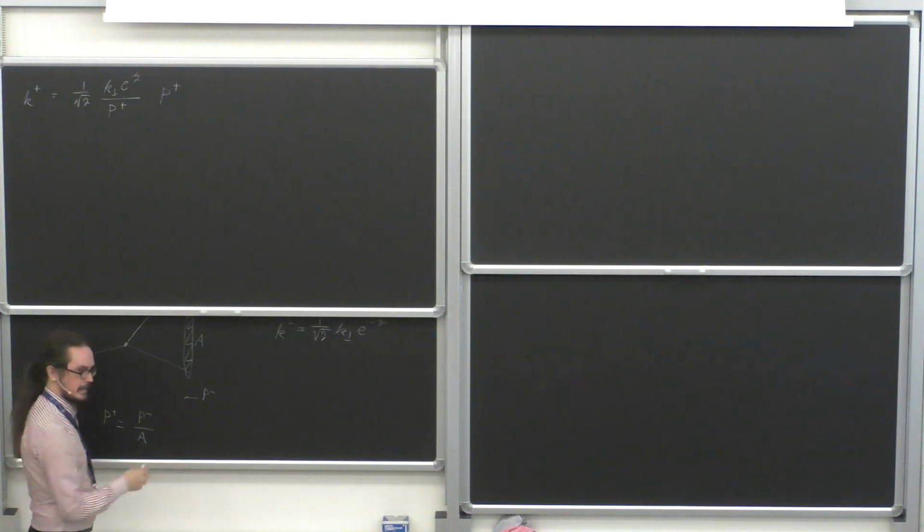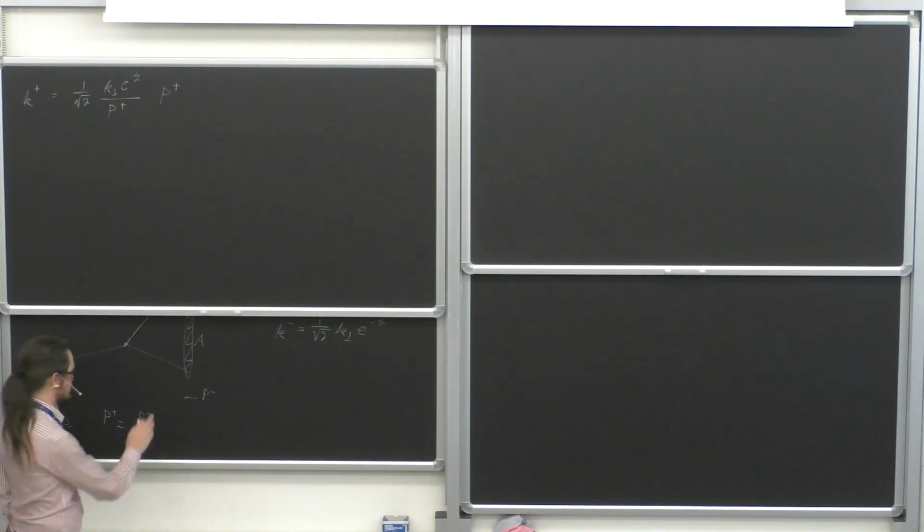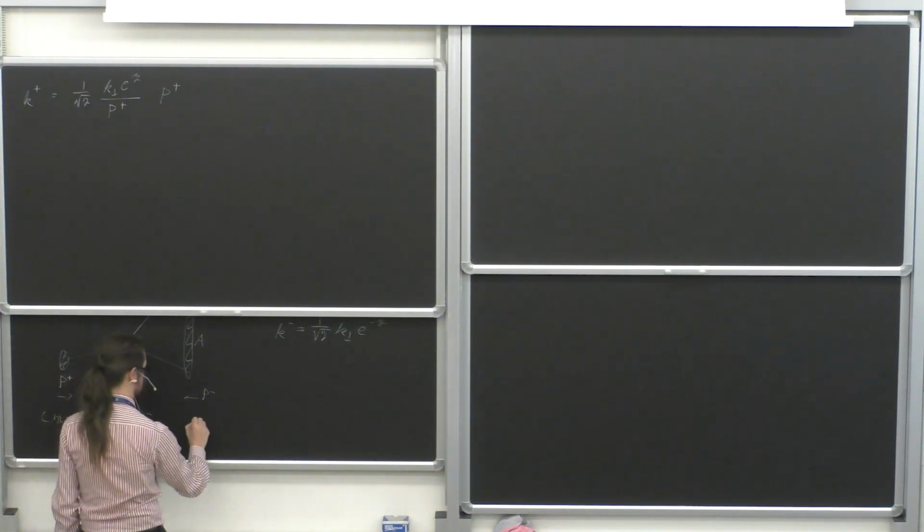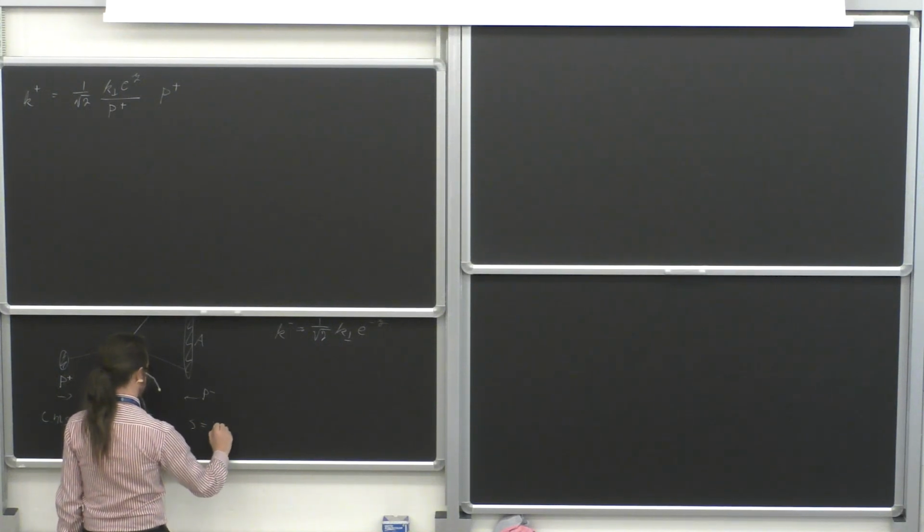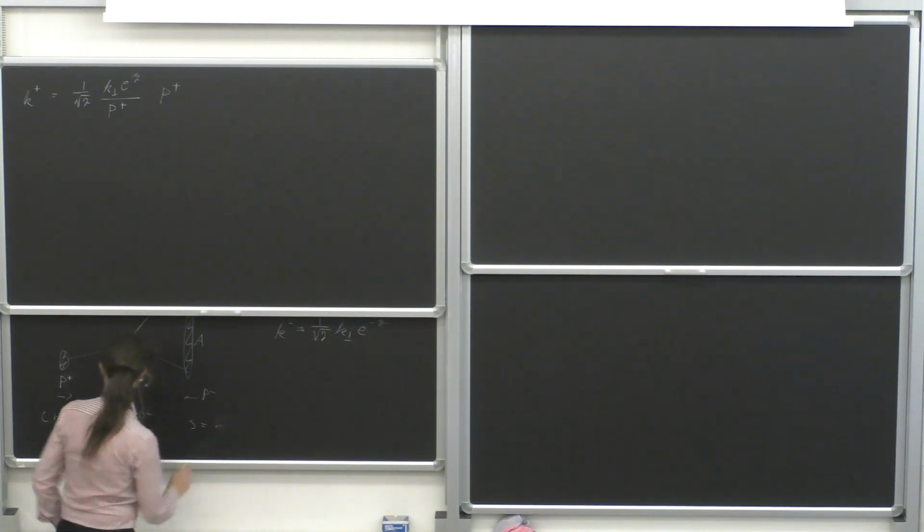So now we're in the center of mass system. The collision energy per nucleon, S, is the dot product of this and this momentum.